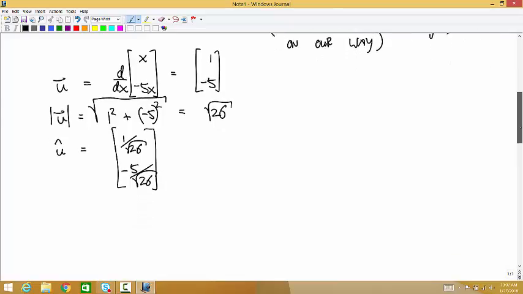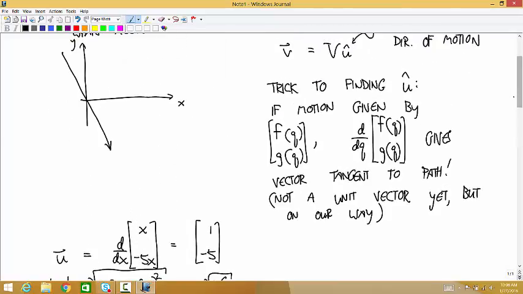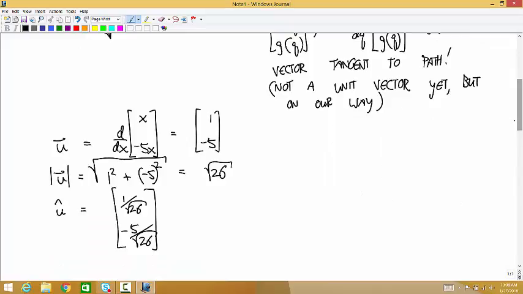Why did you take the derivative of the vector? Because I used this idea that if you have this parameterization of a motion, and you take the derivative with respect to that parameter, whatever it is, it gives you a tangent to the path. Our parameter was x, so I took a derivative with respect to the parameter, and that gave us a tangent to the path. In this case, since it's a linear function, you could do it by inspection.